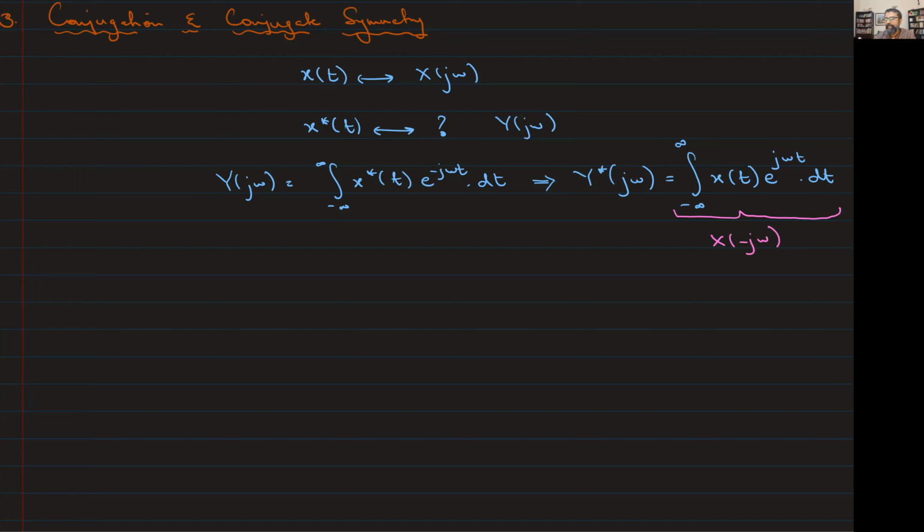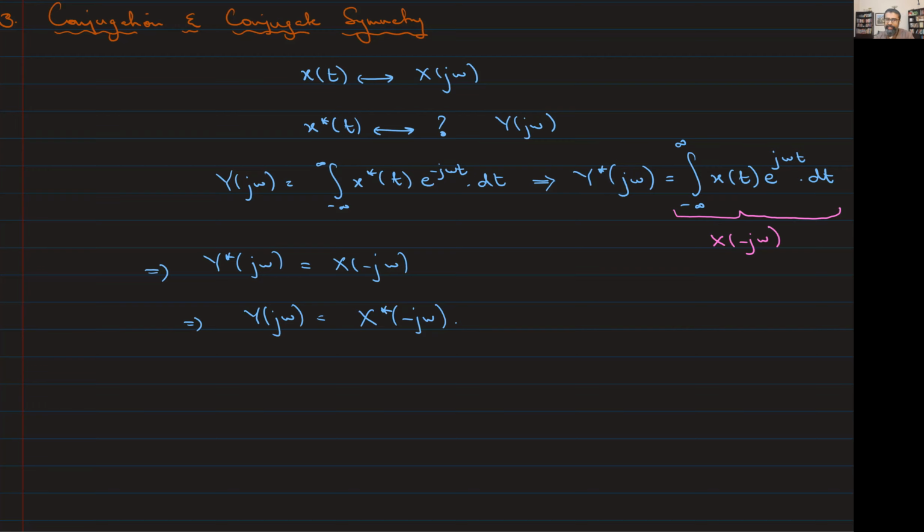If I just replace omega with minus omega, I get x of minus j omega. And as a result, the conclusion we have here is that y conjugate of j omega is equal to x of minus j omega, and this implies that y of j omega is equal to x conjugate of minus j omega. More or less the same, actually exactly the same methodology we used for Fourier series.